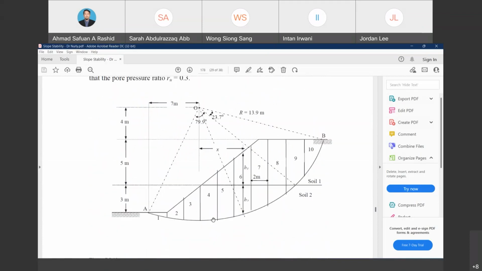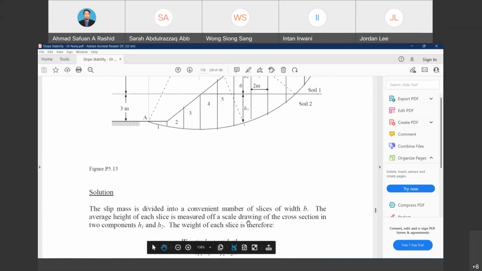For the Bishop, I guess it is a similar approach. However, in this case, the base for slice number 9 covers 2 types of soil.